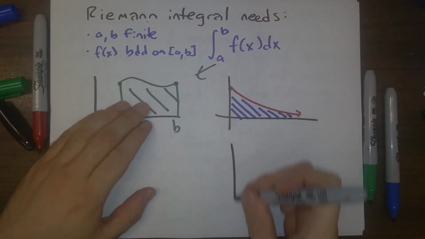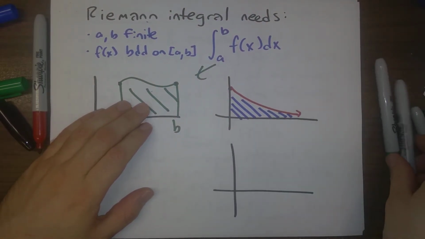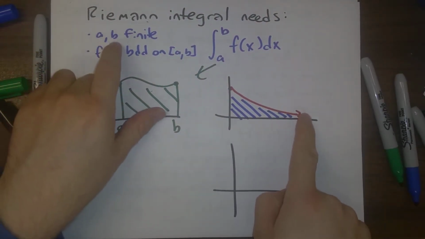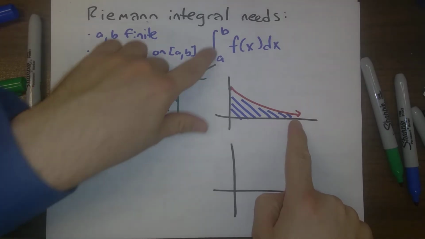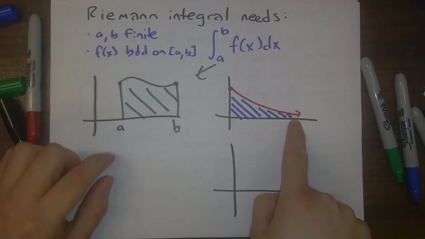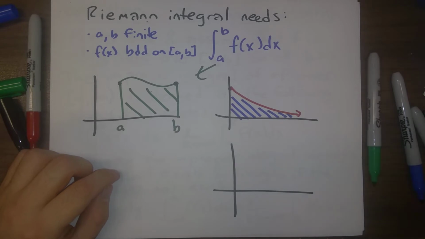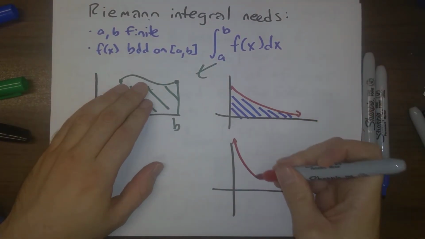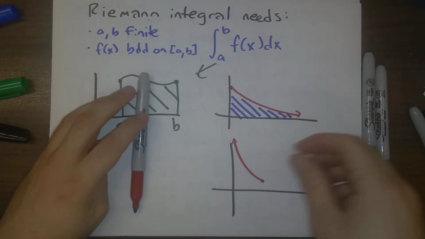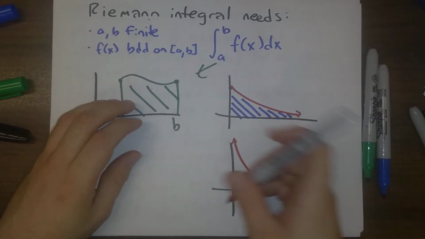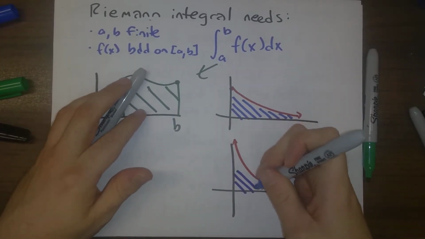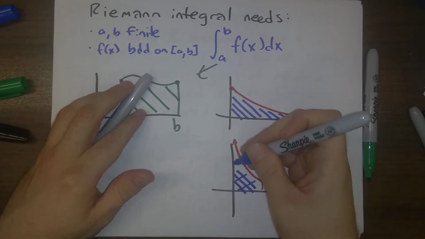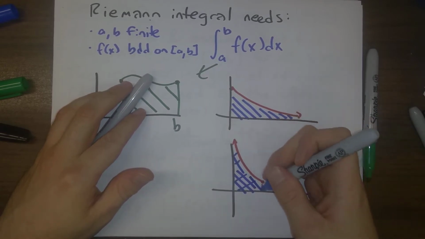Here, in this example, we're messing around with the bounds being finite. If we mess around with the function itself being bounded, maybe a function that looks like this, perhaps we wonder, what's this area here?